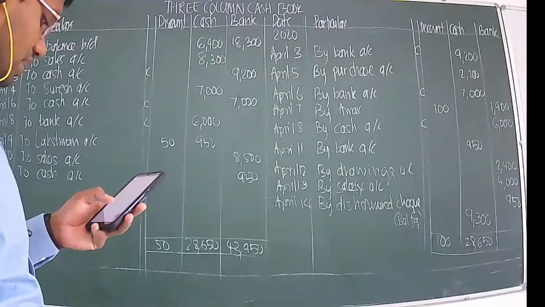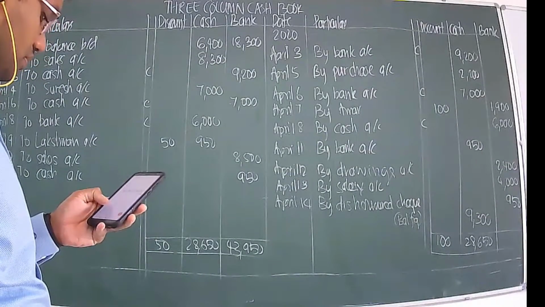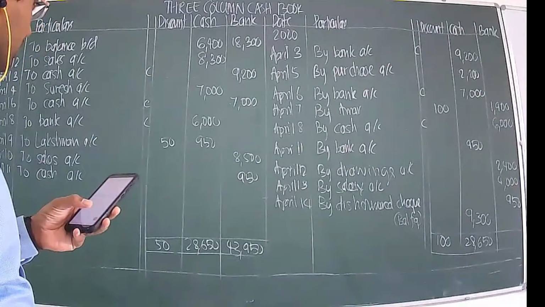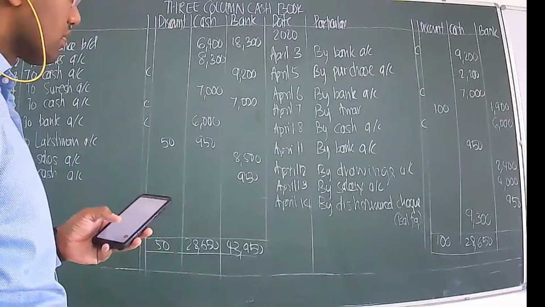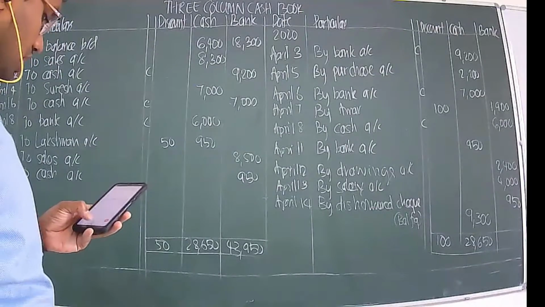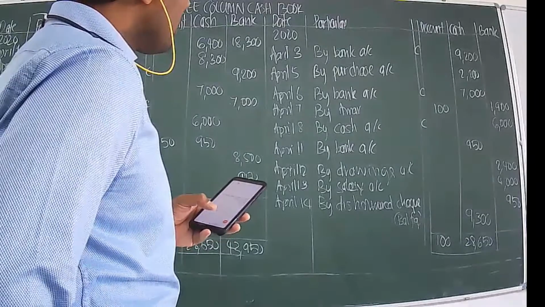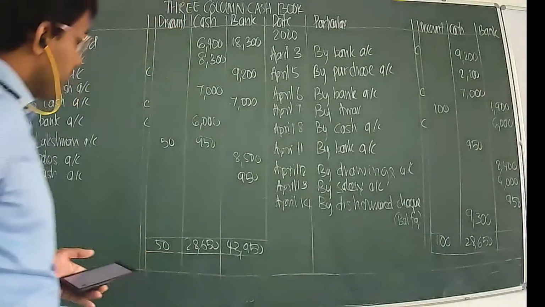And the other side, we have to take out 15,250. So I'm getting the amount as 28,700.